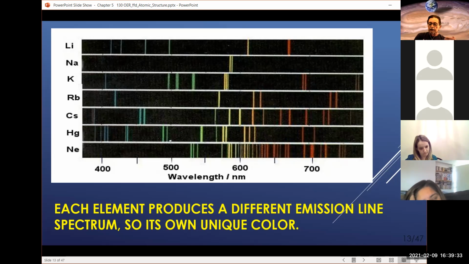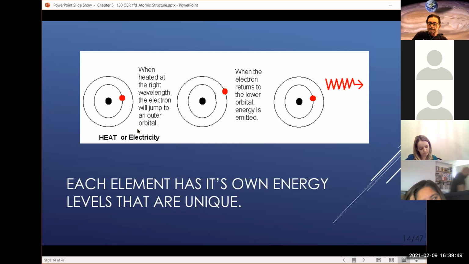So each compound, each element has its own specific emission line spectrum. And for each line there, we can back calculate and figure out, with respect to their electrons, what levels they're at. So the spectrum tells us that these electrons are in specific energy levels.